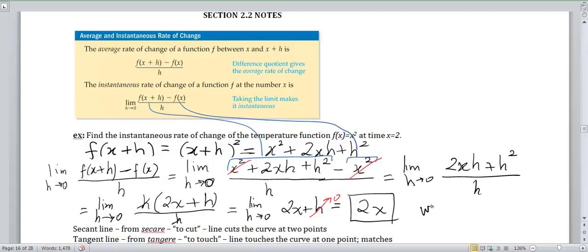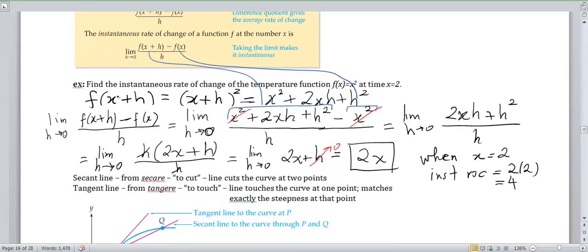When x equals 2, then the instantaneous rate of change is 2 times 2. Alternatively, you could have plugged the 2 in at the beginning as well, and you would have gotten your final answer as 4.